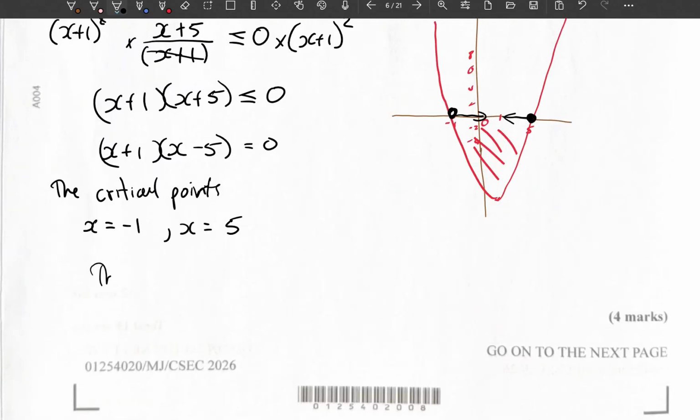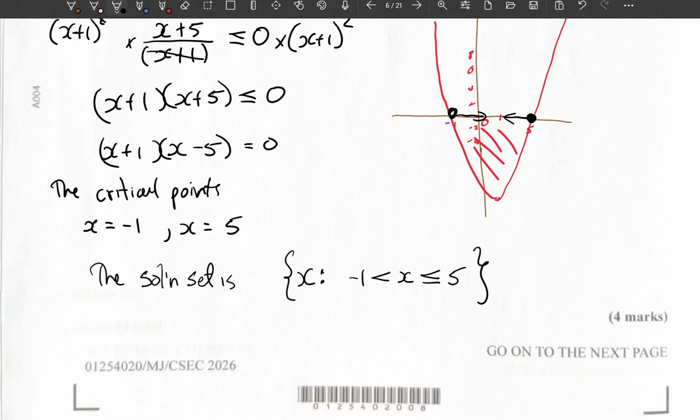So the solution set is x such that x is greater than -1, but less than or equal to 5. And that would be our solution.